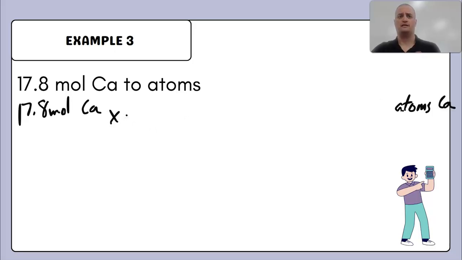Again, what's on top goes on the bottom. So moles of calcium on the bottom. And moles are related to atoms. They're related to particles as well. Atoms of calcium. And again, when this unit on top matches what we're trying to find, we're in the right spot. Now we just need to fill in our numbers.